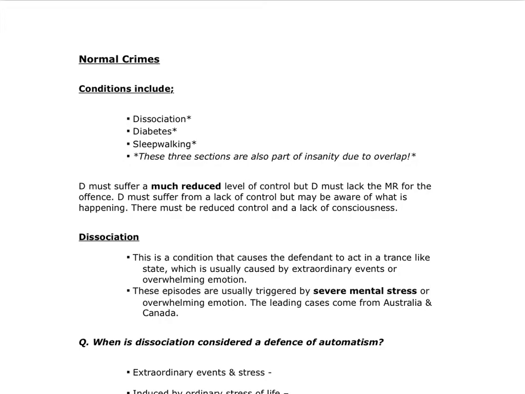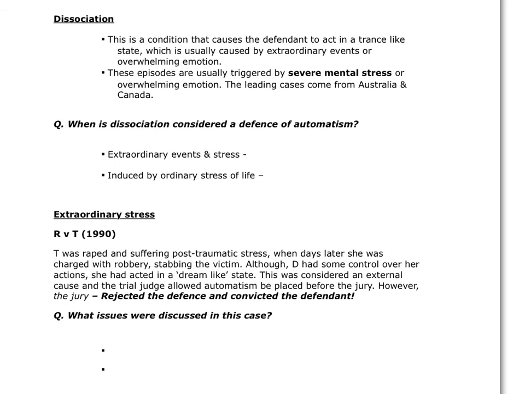So just to look at dissociation, just to confirm, a few small comments there. Dissociation is where usually it's a huge life-changing event which triggers a trance-like robotic state, which is medically known as a state of dissociation, covers both defences, insanity and automatism, extraordinary events and stress.